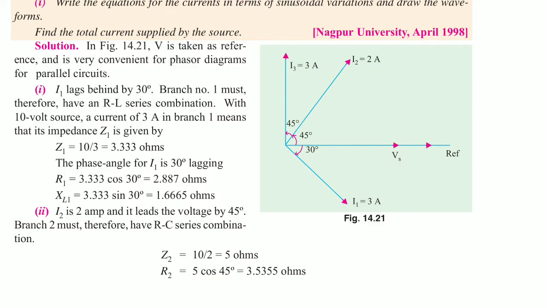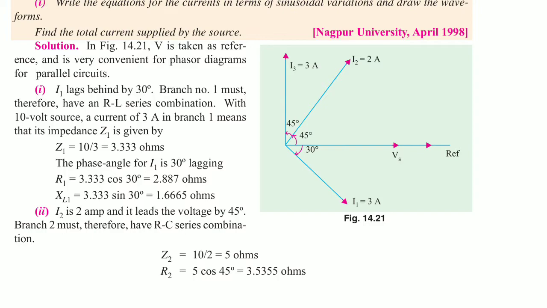I1, the first one, lags behind by 30 degrees. Branch 1 must therefore have an RL circuit. That means it is lagging, which indicates the presence of RL elements, an RL series combination.